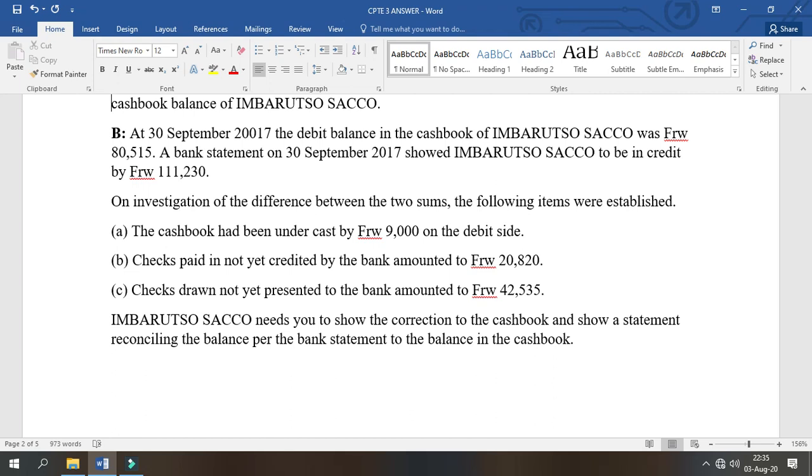So the question is to make a bank reconciliation statement by starting with the bank statement balance to the cash book. So here we are going to start with the credit balance.